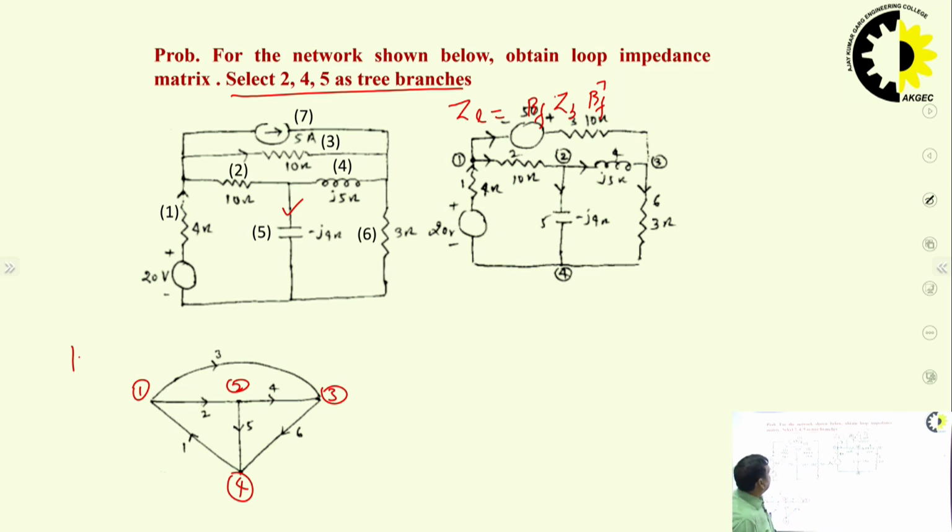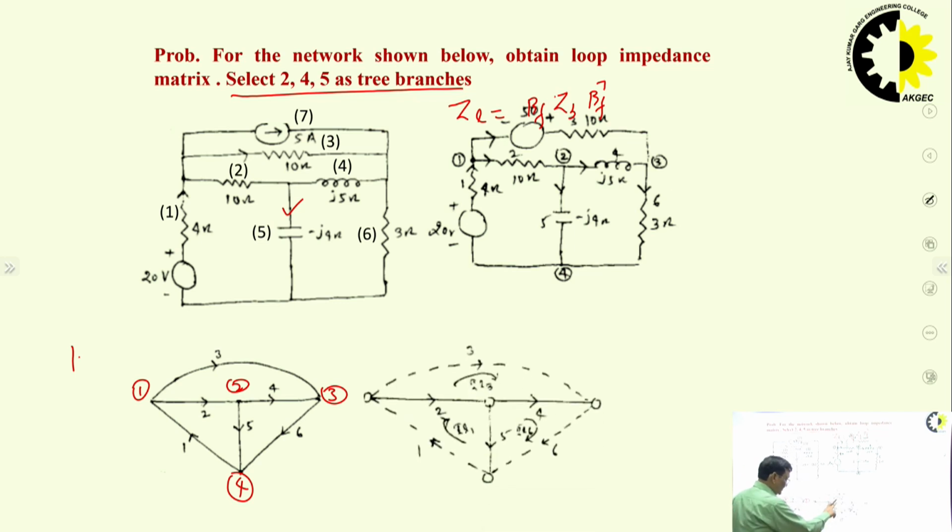Now, here select 2, 4, 5 as tree branches. Here it is mentioned that we have to take 2, 4 and 5 as tree branches. It is written here, so you have to follow accordingly. So, now these are the tree branches. The remaining branches are links, so 1, 3 and 6 are the links.